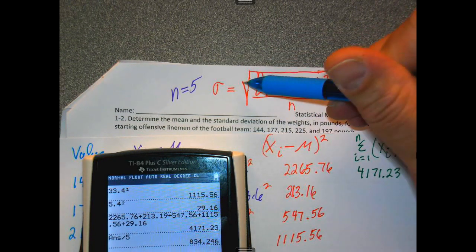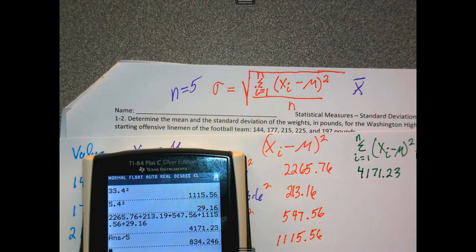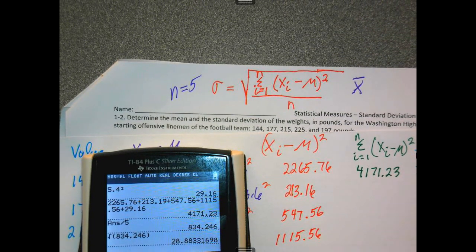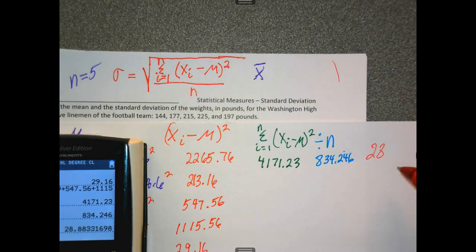The only thing we have to do is square root this number. So I'm going to do second square root of that number, parenthesis, enter. My standard deviation is 28.88 or 28.901.